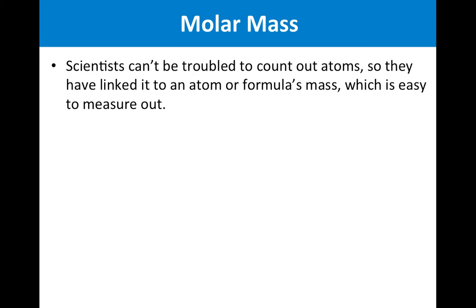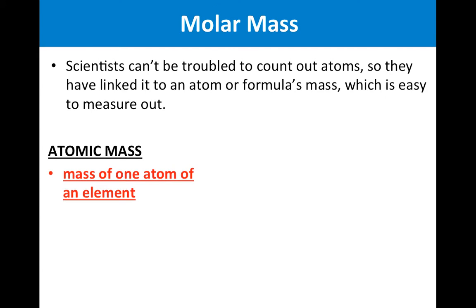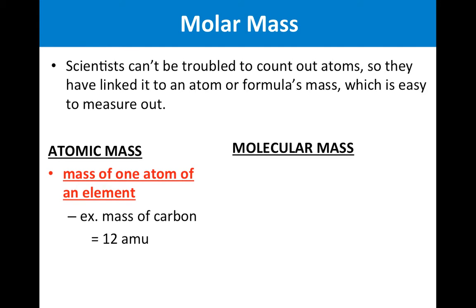So scientists don't want to go through all the trouble of counting atoms. So we take the atomic or formula mass and use that to figure out the number of moles. So atomic mass is the mass of one atom of an element. So the mass of carbon is 12 atomic mass units. And molecular mass is the mass of one molecule.